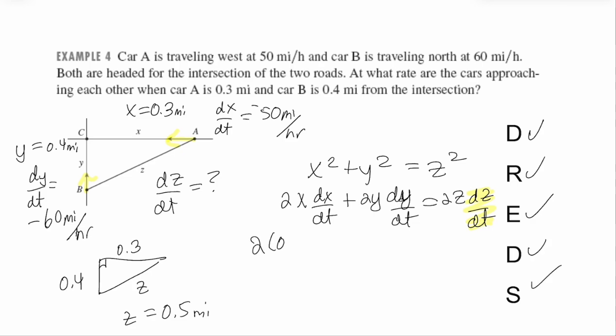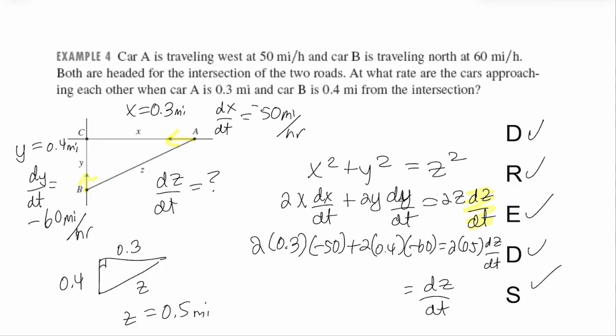So 2 times 0.3 times negative 50, plus 2 times 0.4 times negative 60, equals 2 times 0.5 times dz/dt. Now 0.5 times 2 is 1, so that gets us our dz/dt pretty nicely right off the bat.